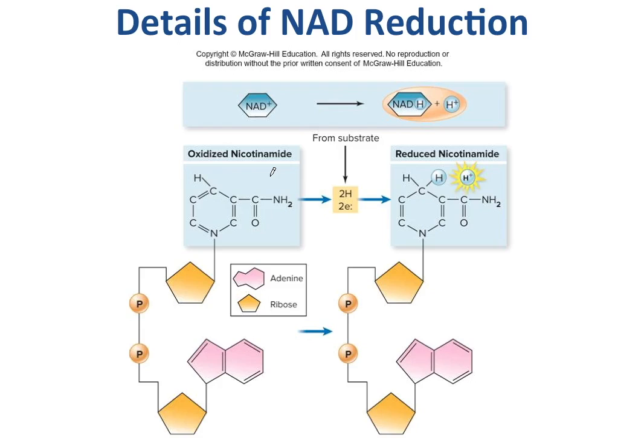Once they absorb the hydrogen and the electrons, they will be reduced. For example, originally this is oxidized NAD. Oxidized NAD can accept electrons and a hydrogen ion, so it becomes reduced NAD, and releases a hydrogen ion.